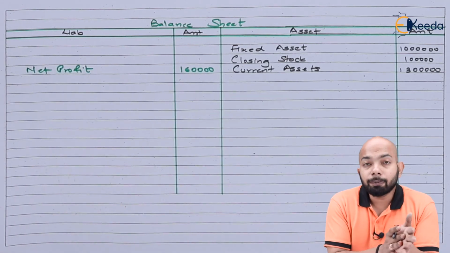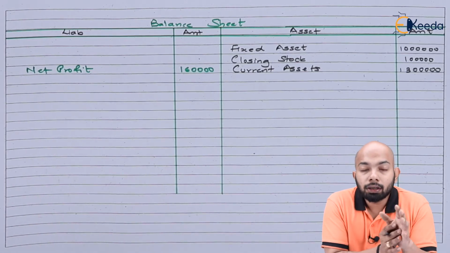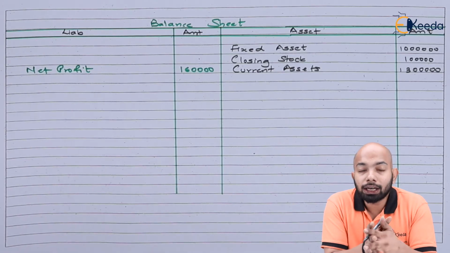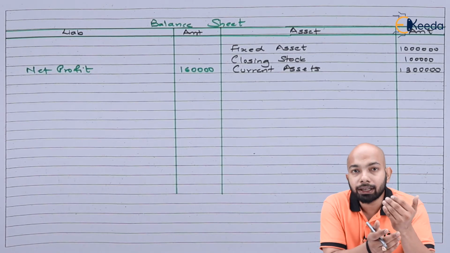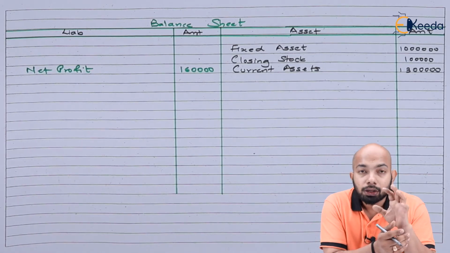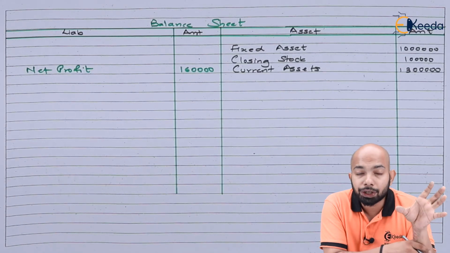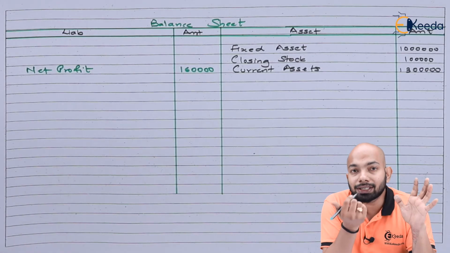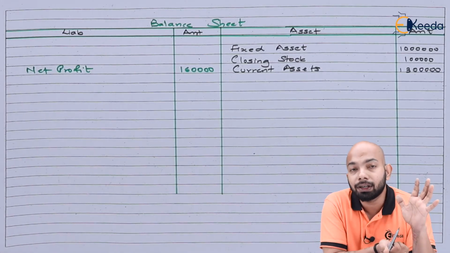On the liability side, we have mentioned net profit as 1,60,000. Always remember, whenever net profit is being mentioned on the credit side, or rather on the liability side here, that means that much amount is getting taken away from the capital balance. So whatever opening capital you had amounting to rupees 8 lakhs in this question, out of that 1,60,000 has been taken away, because this net profit will go into reserves, and that apportionment has to be done out of the capital balance.